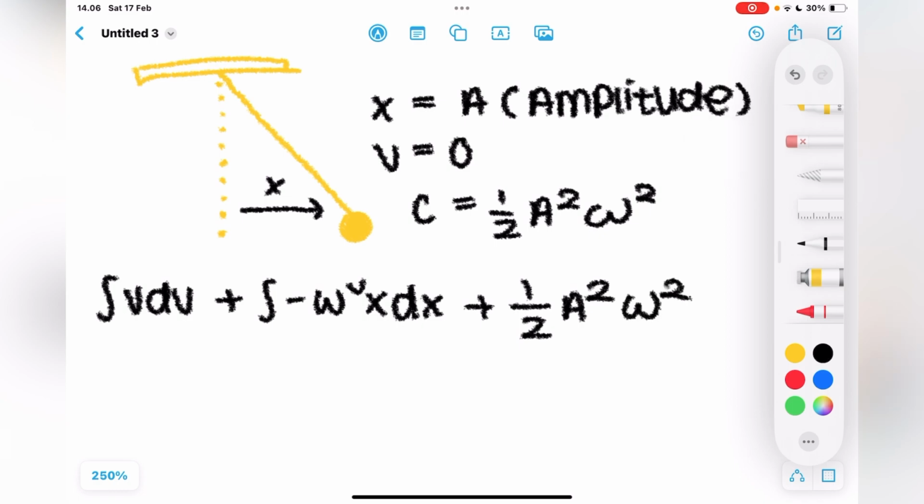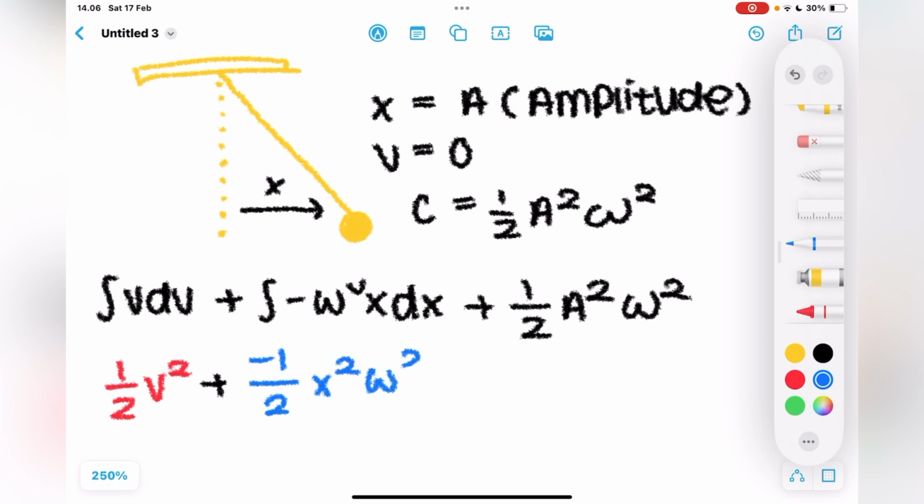And the result for this before was half v squared plus negative one half x squared omega squared plus half a squared omega squared.